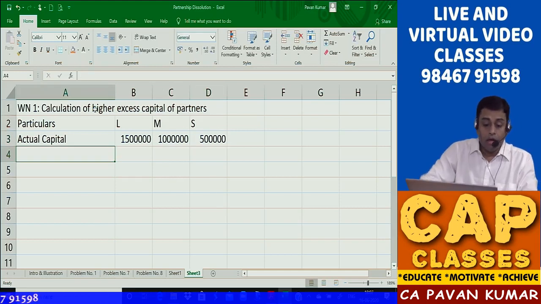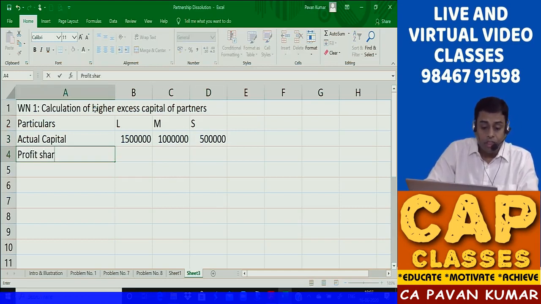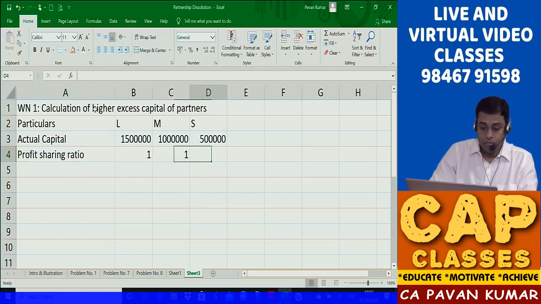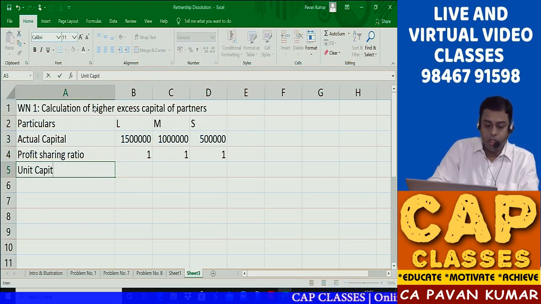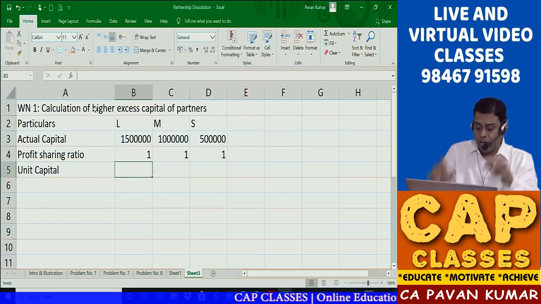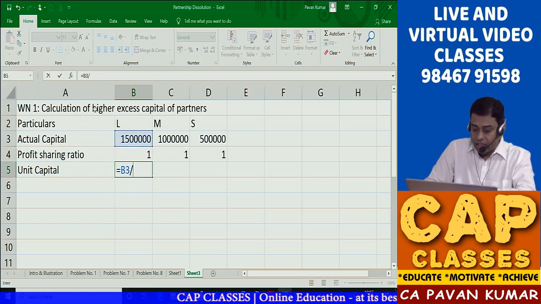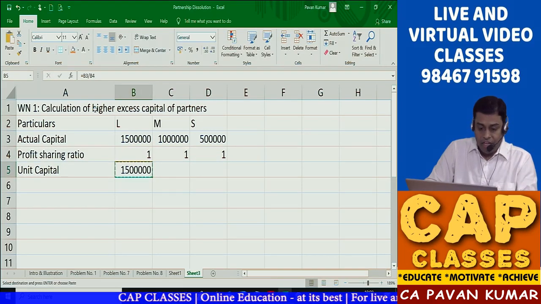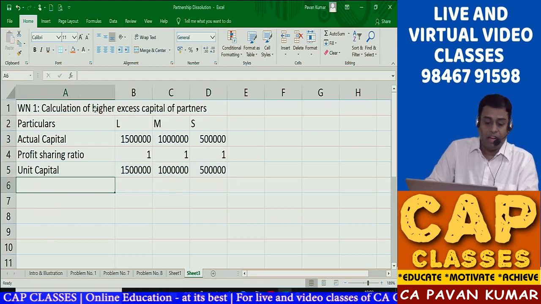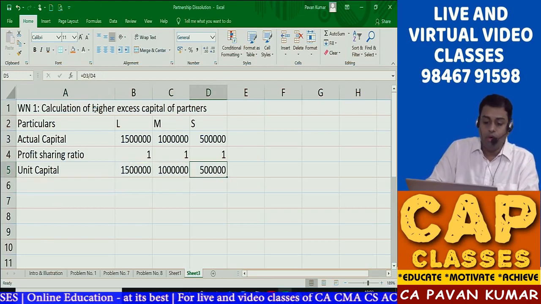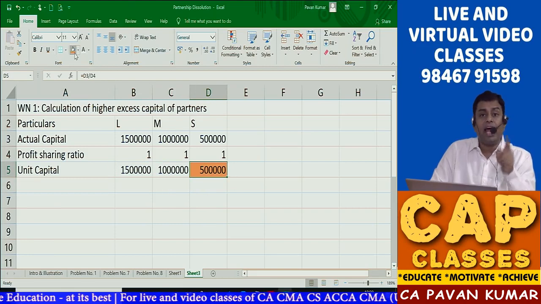What is their profit sharing ratio? 1:1:1. So what is unit capital? Capital per each unit: this divided by this, 15 lakhs, 10 lakhs and 5 lakhs. We take the lowest unit capital as the basis to calculate hypothetical capital.